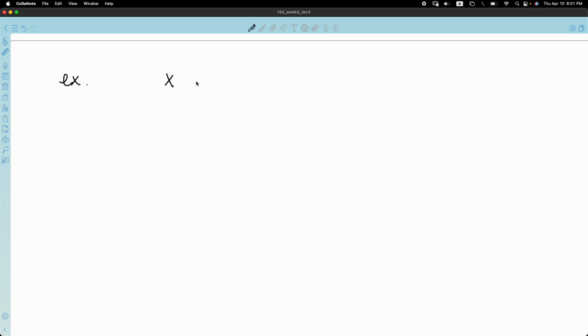So x follows a Poisson distribution, and I think I use lambda as the parameter. What is the support for the Poisson distribution? All the natural numbers including 0, and lambda is a parameter greater than 0.